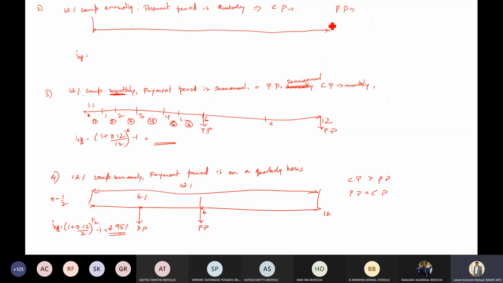So here, if you see, the interest rate is given as 12% compounded annually. So it is a yearly compounding. But your payment period is done on a quarterly basis.